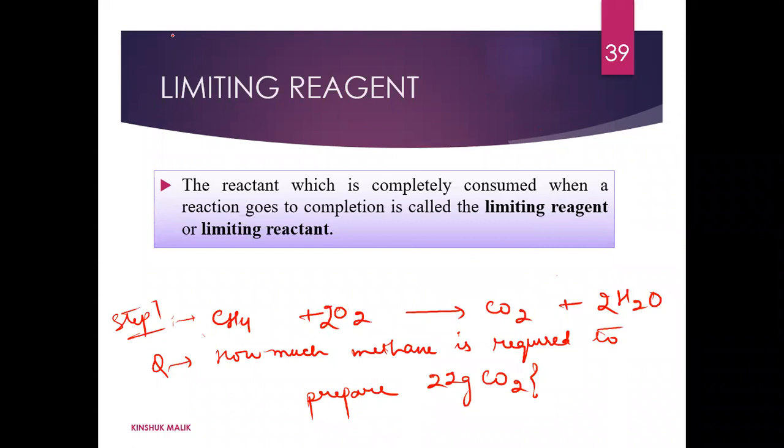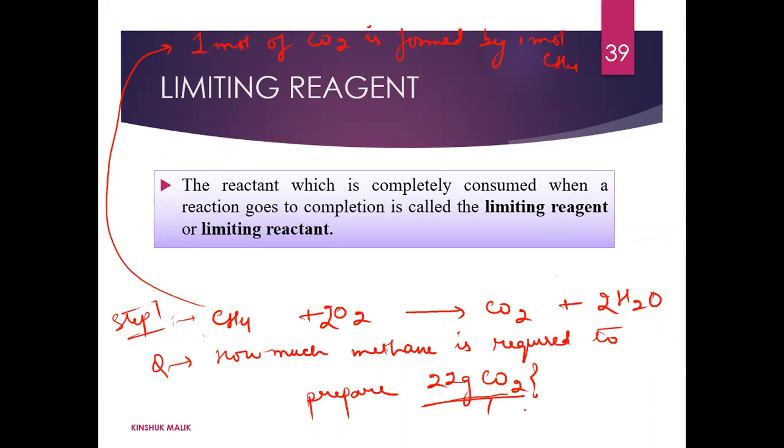So the question says that you are given 22 grams of CO2 and you are asked what amount of methane is required. So simply from this reaction, you can say that 1 mole of CO2 is formed by 1 mole of methane.